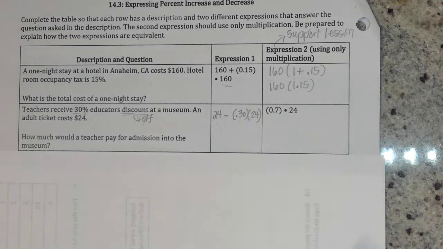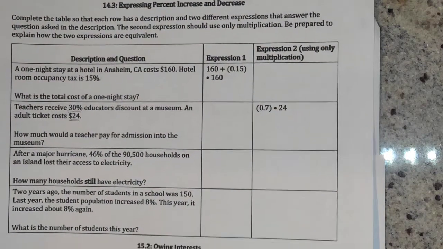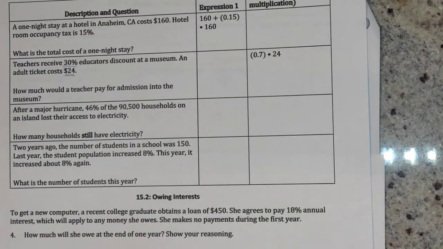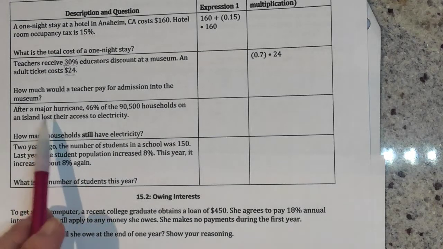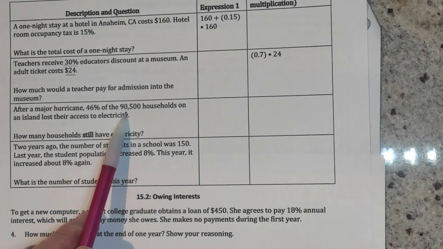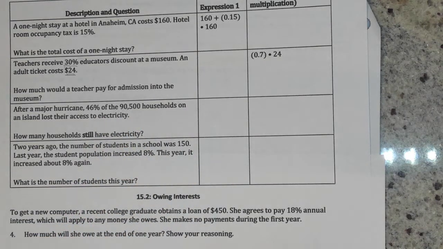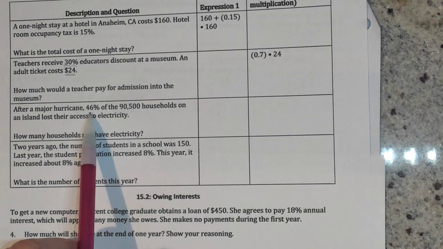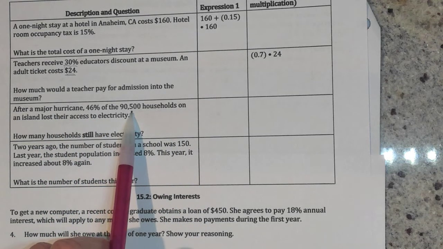Moving on to the next one. Question number 3 says, okay, we had a major hurricane, and 46% of the 90,500 households on the island lost their access to electricity. So we know automatically that that's close to 50%.